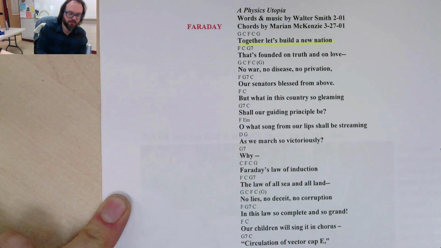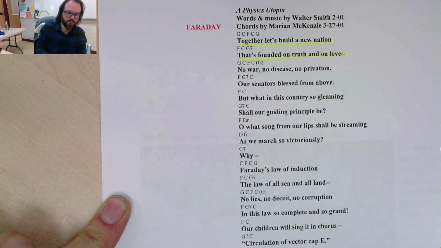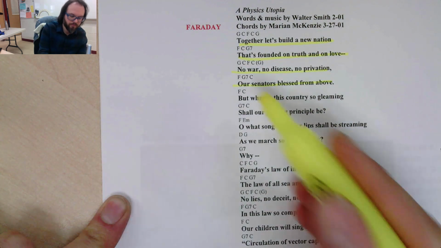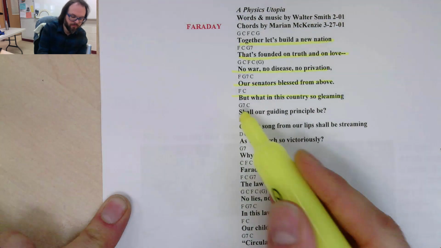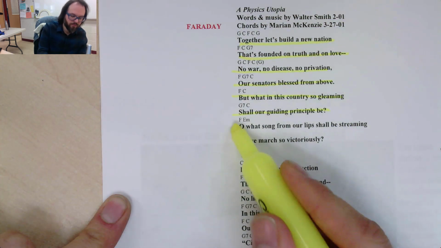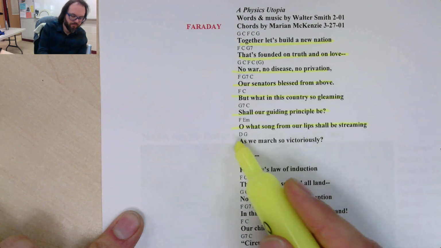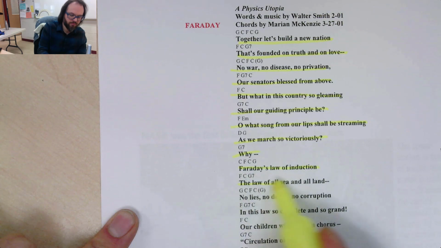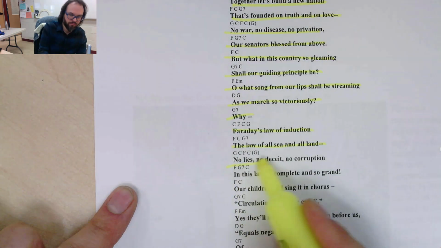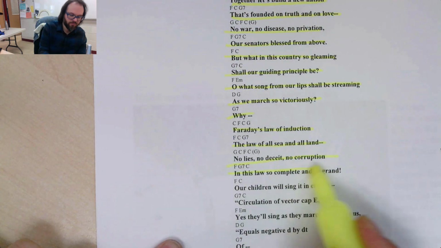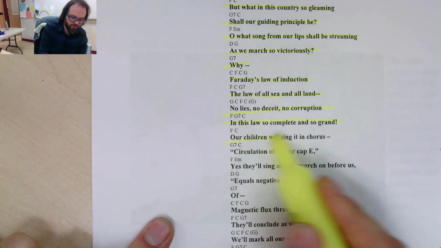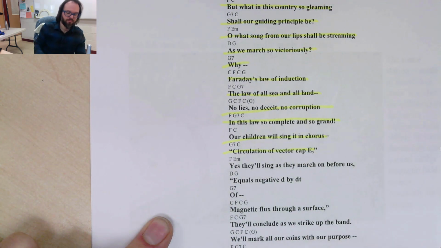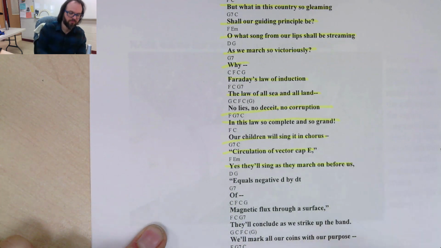Together let's build a new nation that's founded on truth and on love. No war, no disease, no privation, a senator's blessed from above. But what in this country so gleaming shall our guiding principle be? Oh, what song from our lips shall be streaming as we march so victoriously? Why, Faraday's law of induction, the law of all sea and all land. No lies, no deceit, no corruption, in this law so complete and so grand. Our children will sing it in chorus, circulation of vector E equals negative d phi by dt.